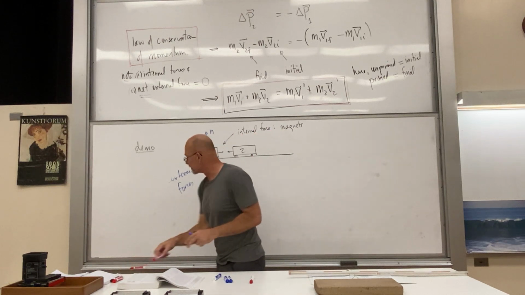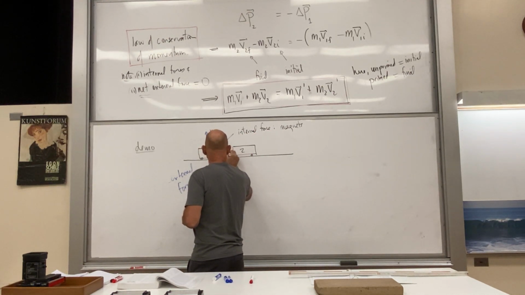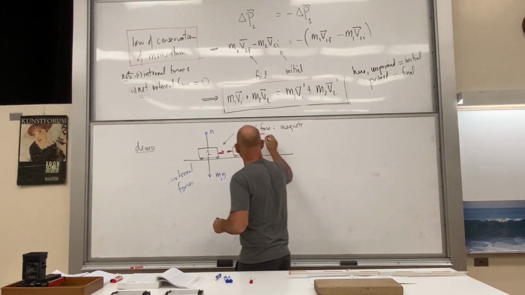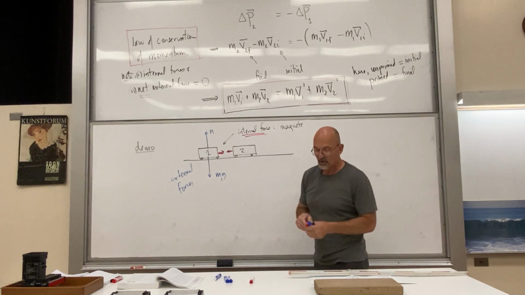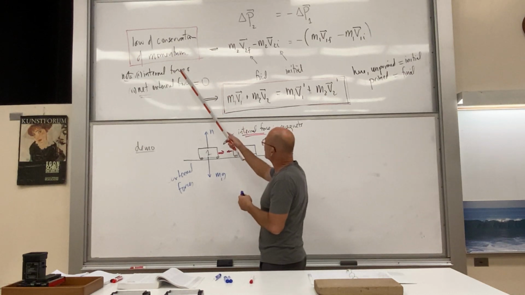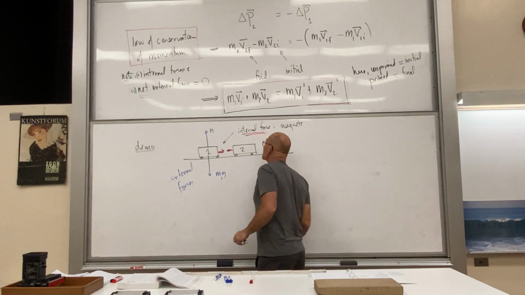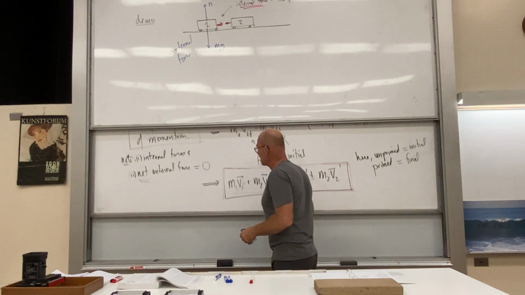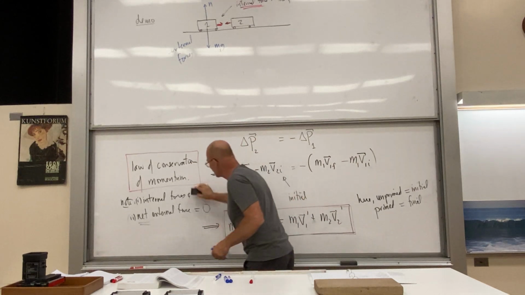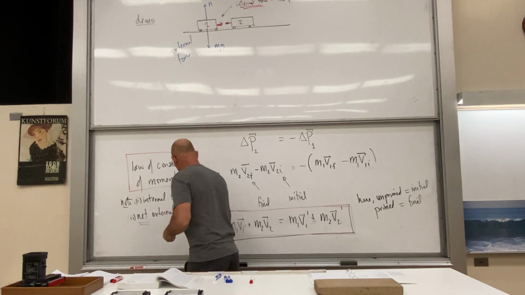These were the internal forces. Here, I'll give them a color as well. These were our internal forces, and these blue ones are our external forces. So we have internal forces, period.